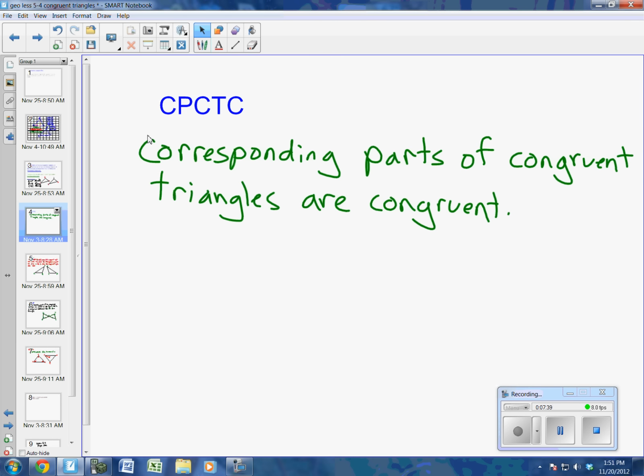That's what it stands for. Corresponding parts of congruent triangles are congruent. Write it down. Okay, next one.